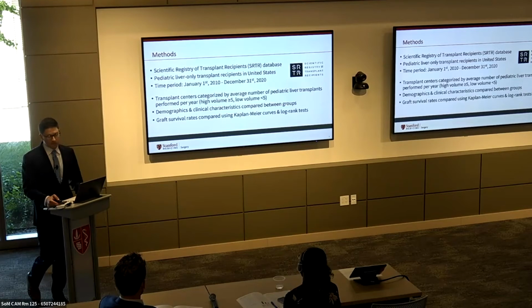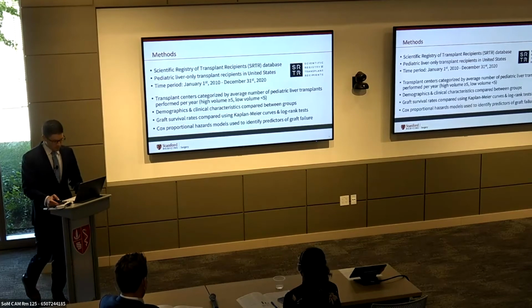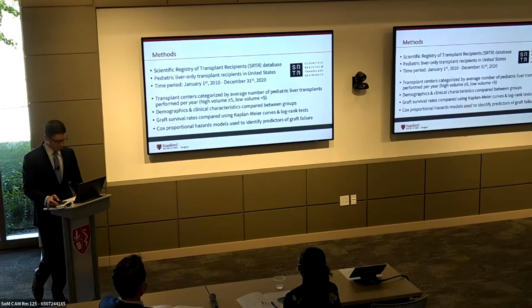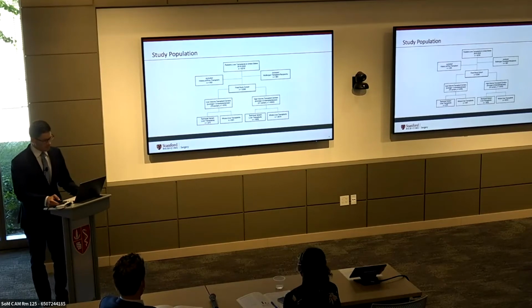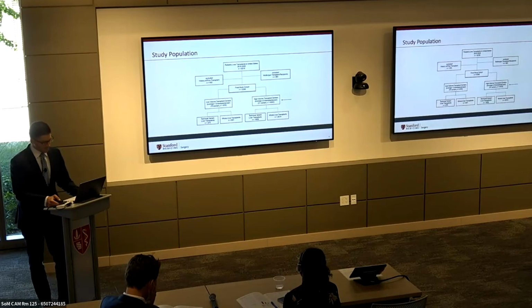Overall graft survival was compared, and Cox proportional hazards models were then used to identify independent predictors of graft failure. Over the study period, 5,208 patients met inclusion criteria to comprise the final cohort. 17% were transplanted at 73 low volume transplant centers, and 83% were transplanted at 31 high volume transplant centers.